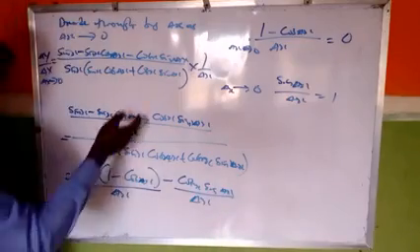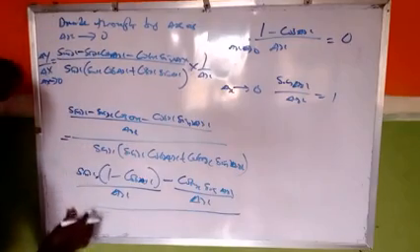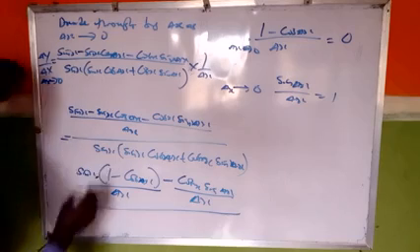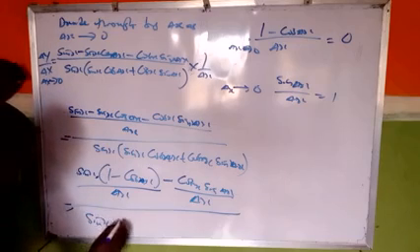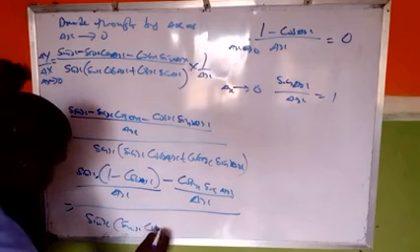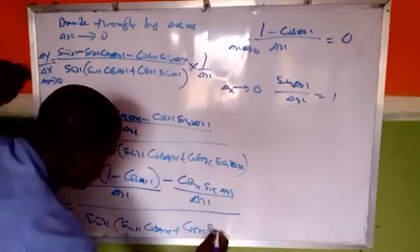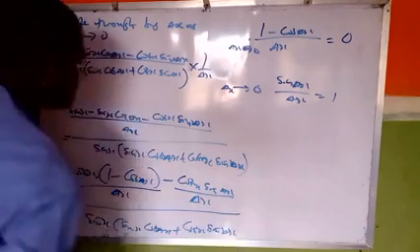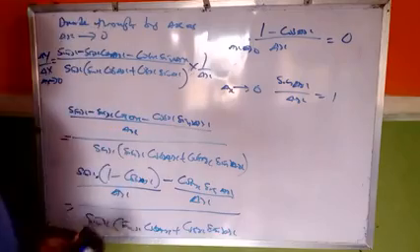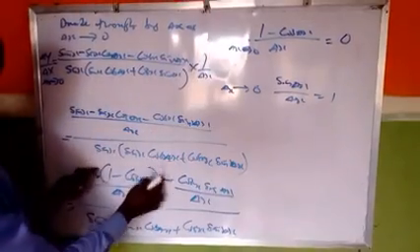Once you find this, what are you going to do next? Come here. You have written this one down, divided by this. I've analyzed this one for you: sine x into sine x cos change in x plus cos x sine change in x. Now let's apply those limits.